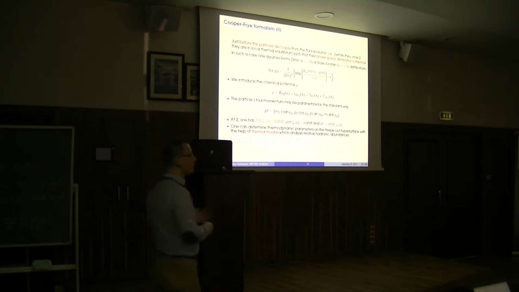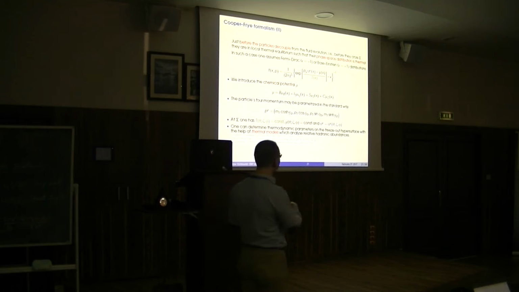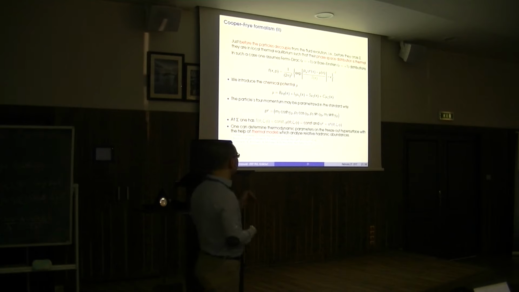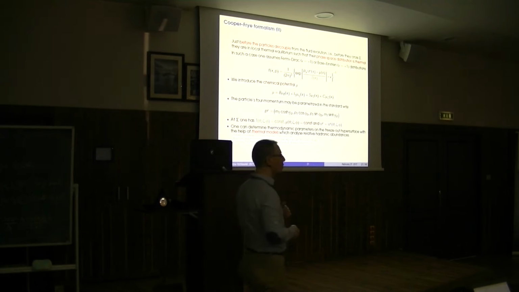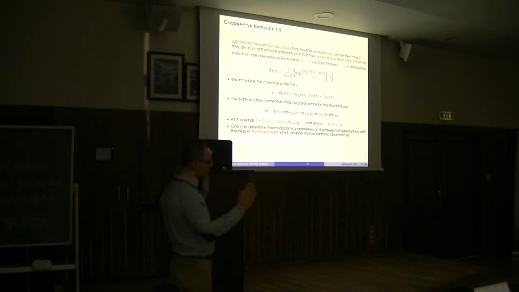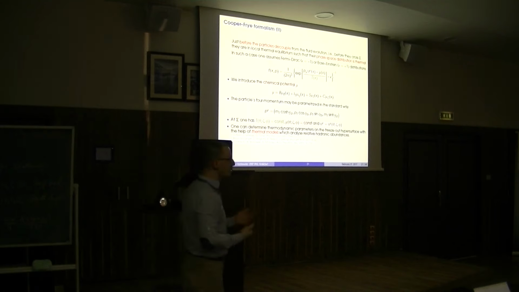So for example, at RHIC energies and LHC energies, the temperature was similar, but the chemical potentials were lower because the energies are so high that in the middle of the system, the baryon chemical potential is almost vanishing.